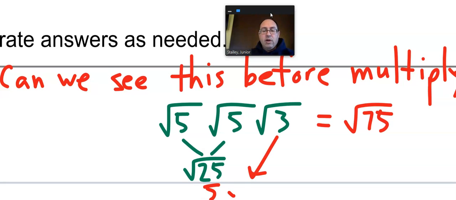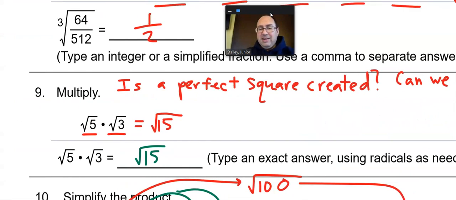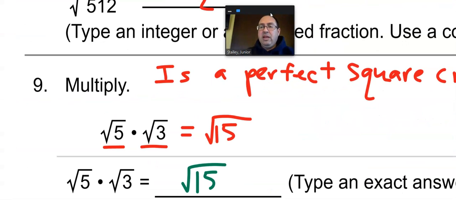And then, of course, that's radical 3. I think we could get to the answer quicker than if we mashed it all together and then started to think about splitting it up. Sometimes that's the only way to do it because maybe you don't see a perfect square. In this particular case, there was no perfect square being created. 5 times 3, there's no factors that come out of 5 or 3. So, radical 15 is your only answer there.